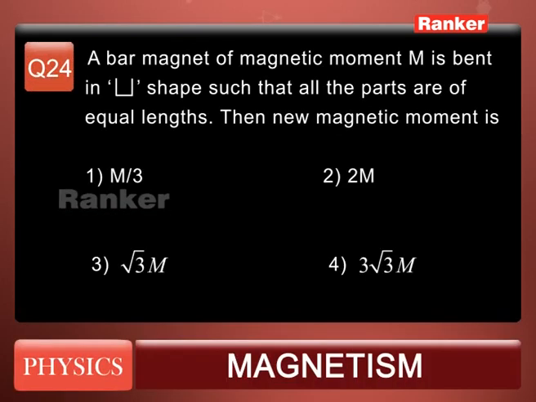Question number 24. A bar magnet of magnetic moment M is bent in a U shape such that all the parts are of equal length.